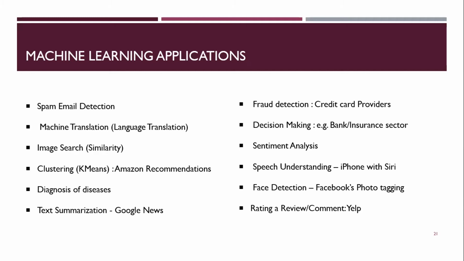You are able to detect fraud and also conduct sentiment analysis of people based on their tweets or their posts or whatever they share digitally. So machine learning has so many useful applications.